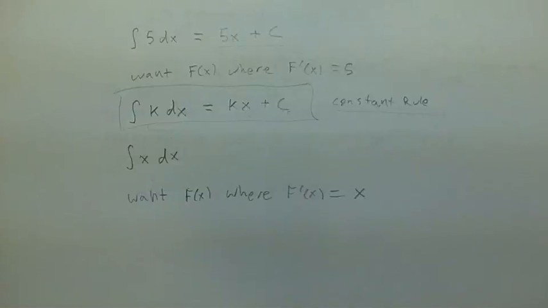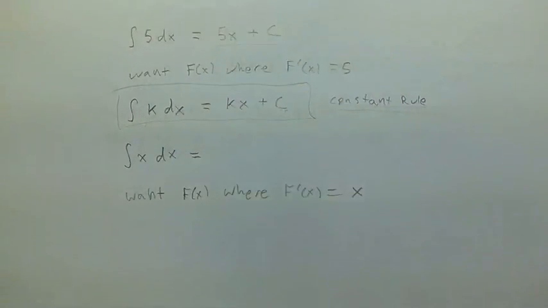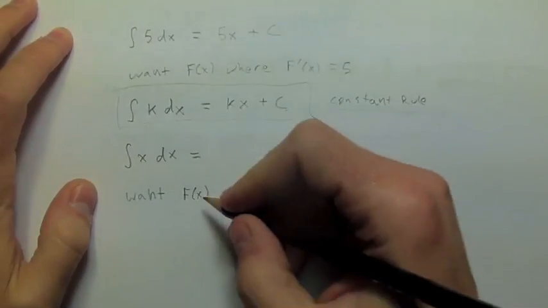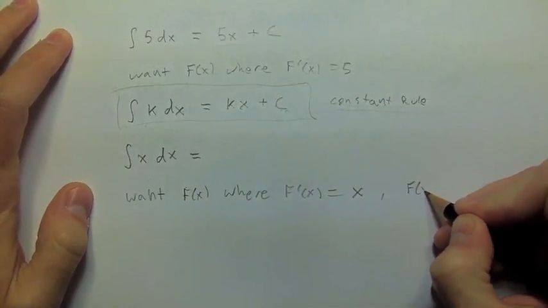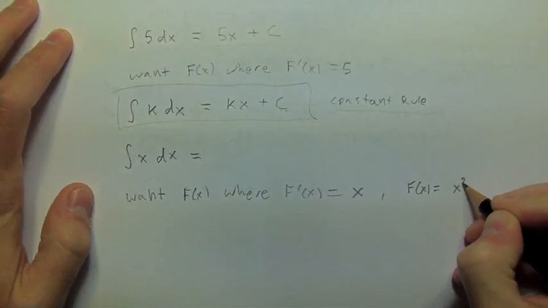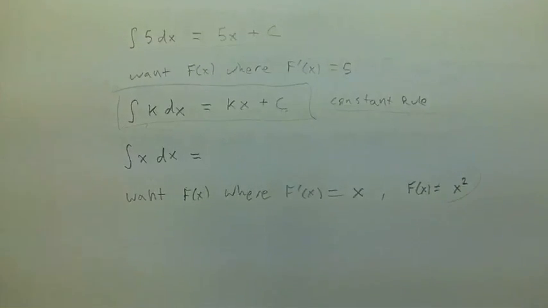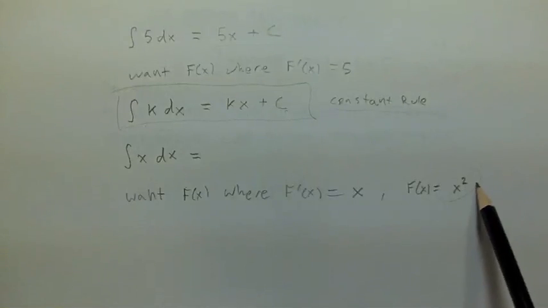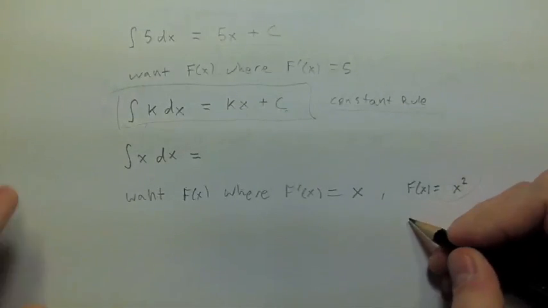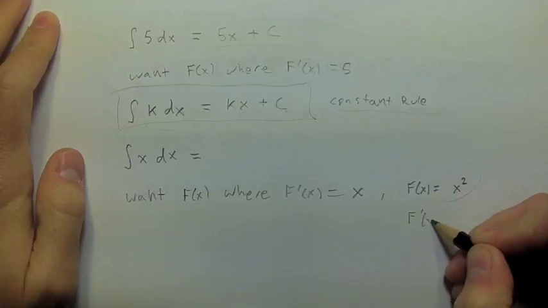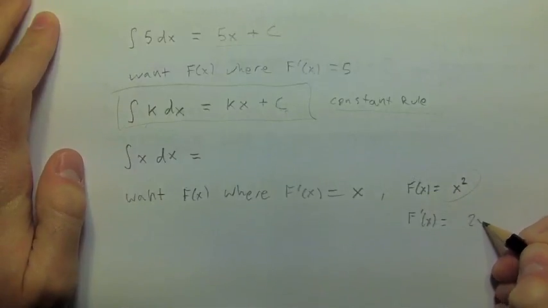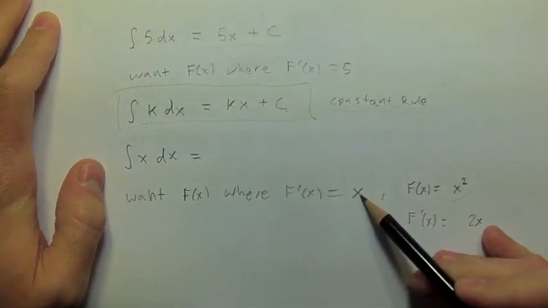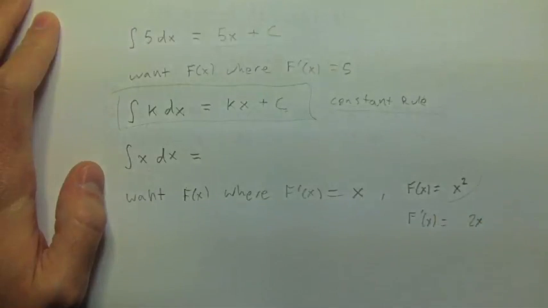We want to end up with x when we take the derivative. So we definitely need an x squared, right? The first thought a lot of people have is, how about x squared? Because when you take the derivative of x squared, it will become an x, but that's not good enough. When we take the derivative of x squared, we get 2x. We didn't have a 2 here. So what can we throw in to get rid of that 2?